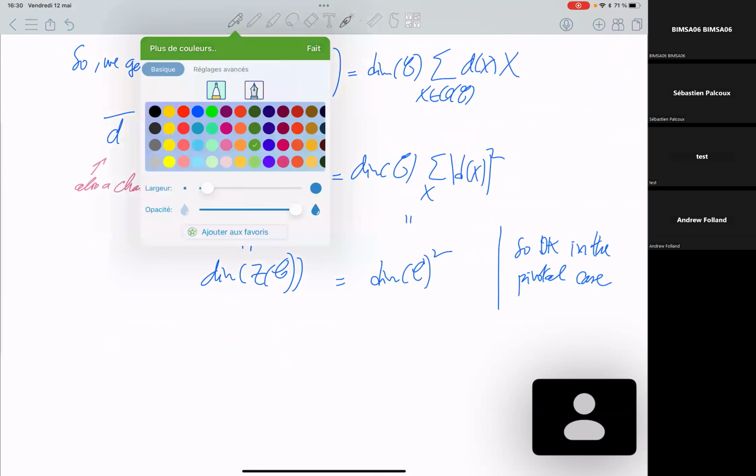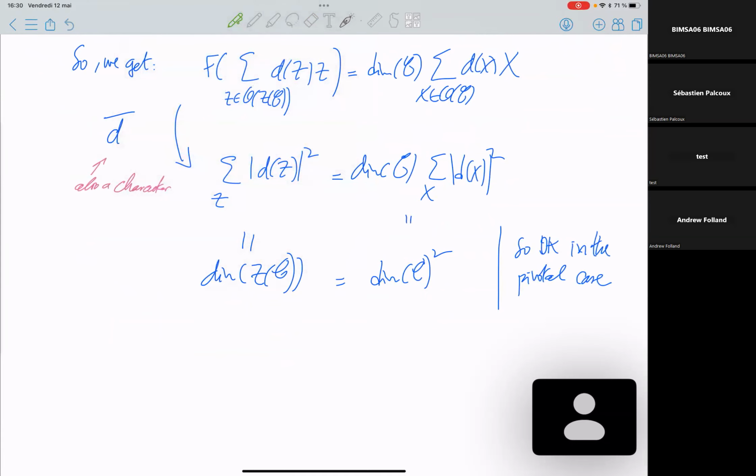So let me just write that. In the book, they just apply D instead of D bar.